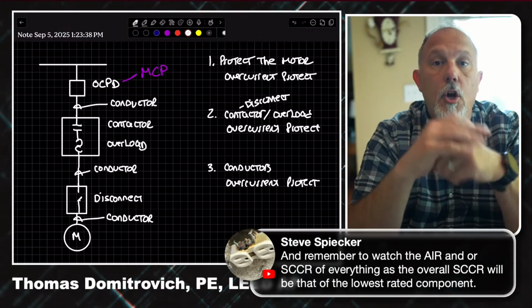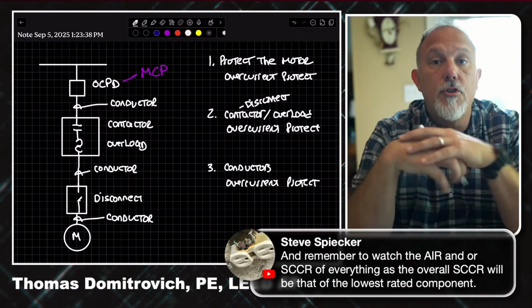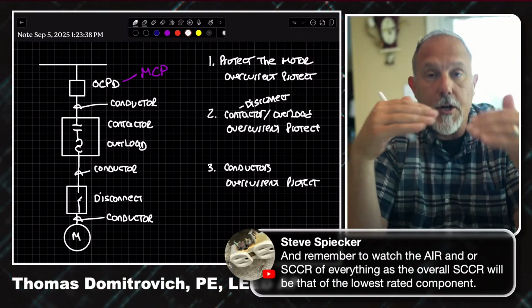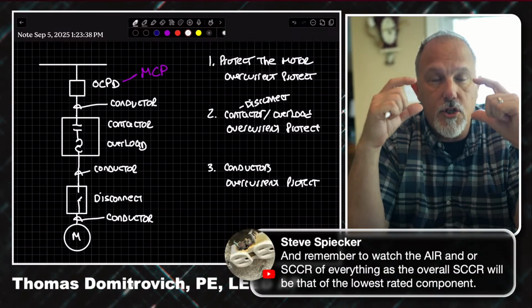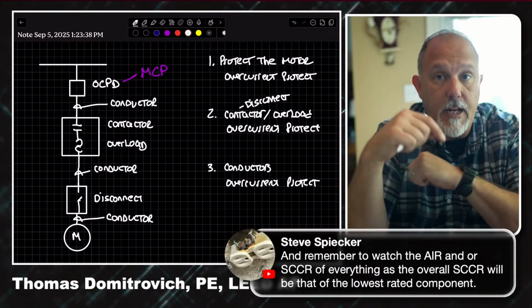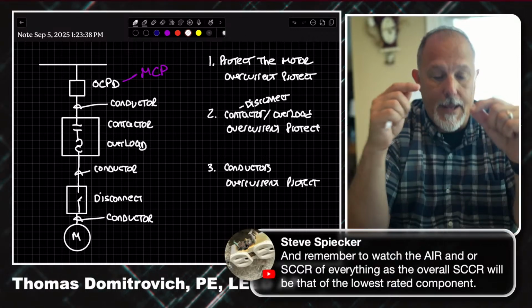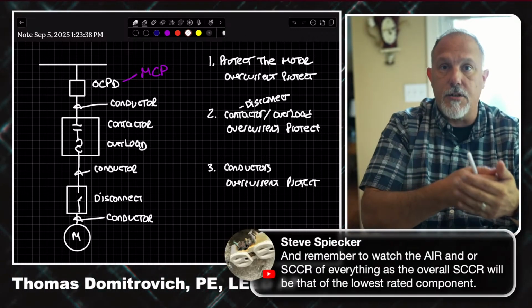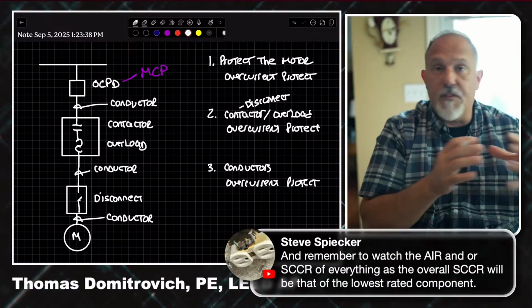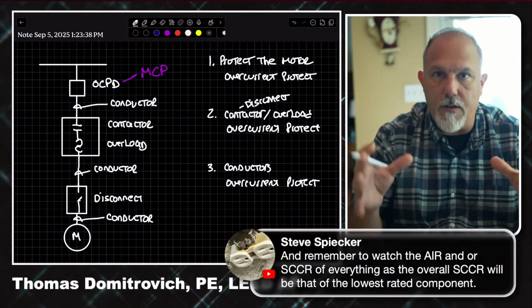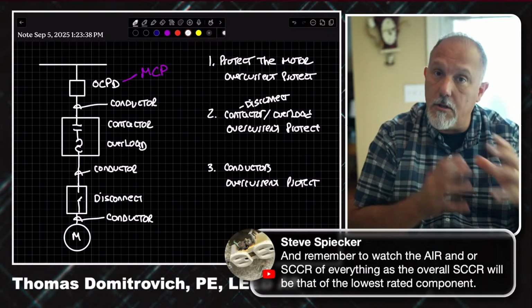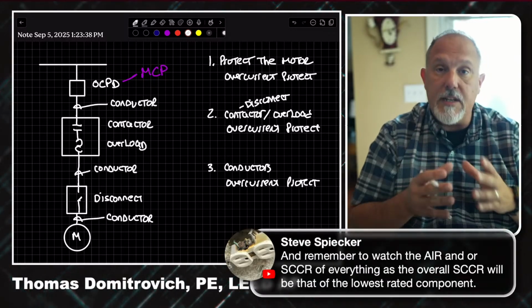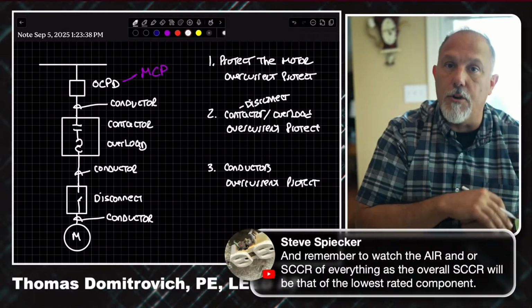That's why in many motor starters or motor control centers, they'll look at all the different components, the contactors, the starter, any power distribution blocks in the controller configuration, to find out the weakest link, and then that's your overall short circuit current rating.